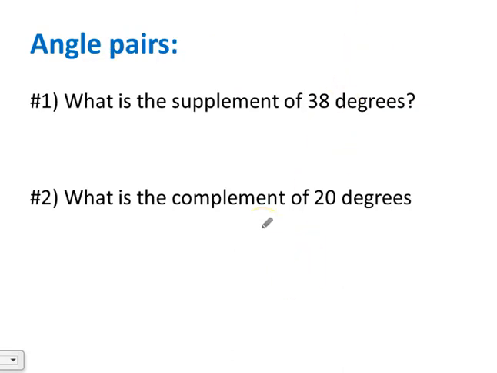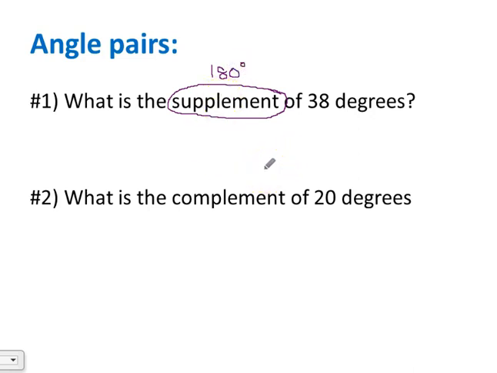Angle pairs. So we talked about supplementary and complementary so far in Unit 1. The first question says, what is the supplement of 38 degrees? Well, what does supplement mean again? It's when angles add up to 180 degrees.